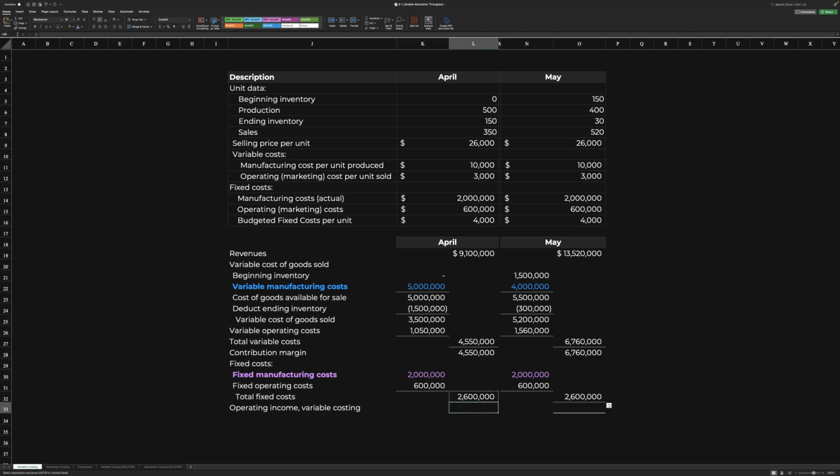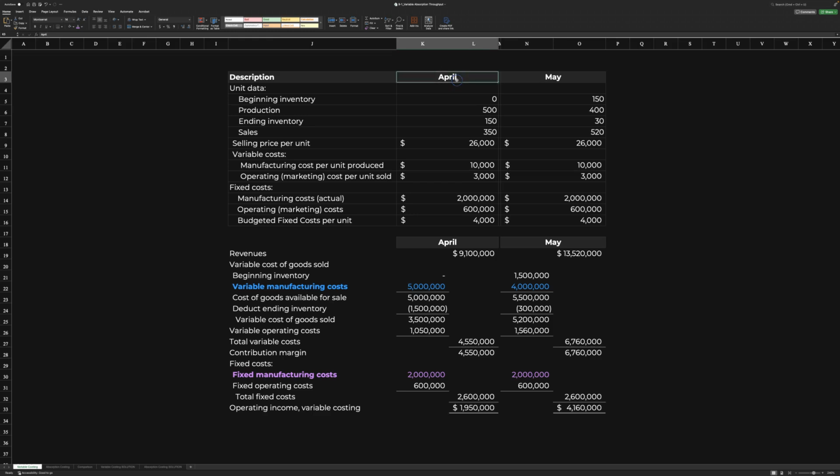We can now go ahead and calculate operating income. And to do that, we'll take the contribution margin and subtract the total fixed costs. We get 1,950,000 for April. And we get 4,160,000 for May.